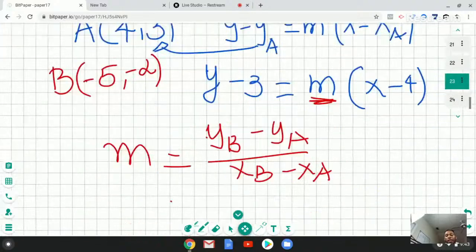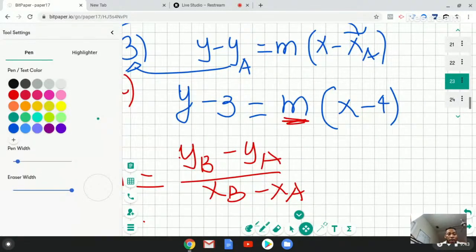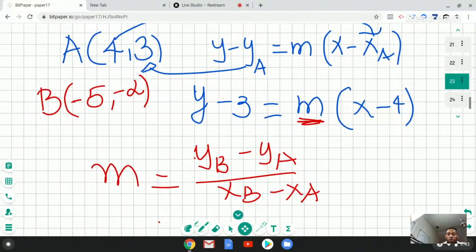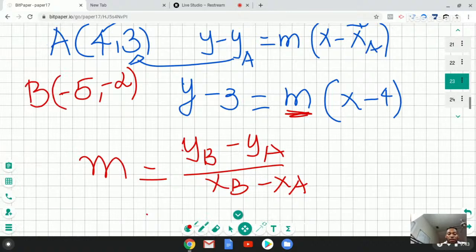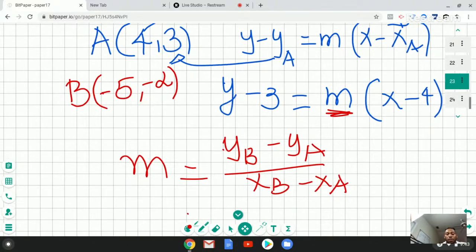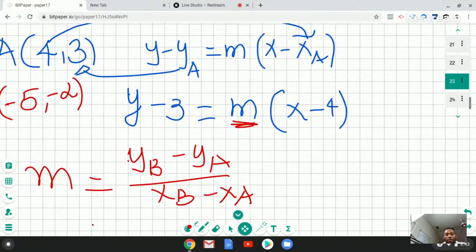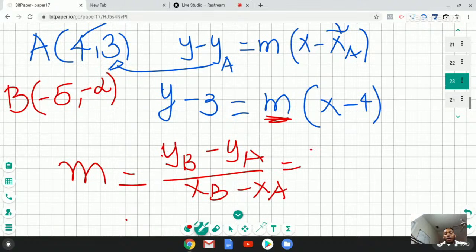So what I say is the slope would be the Y coordinate of the point B minus the Y coordinate of the point A. It's the difference in height over the difference in length.